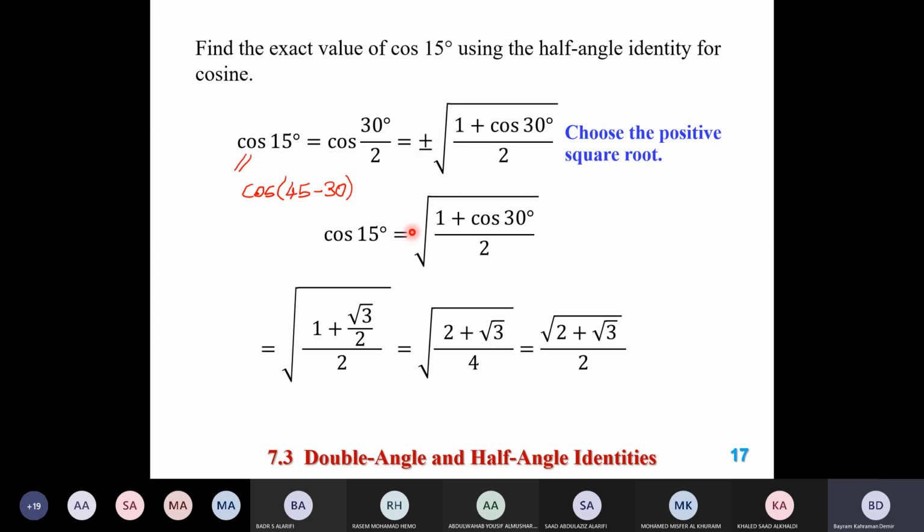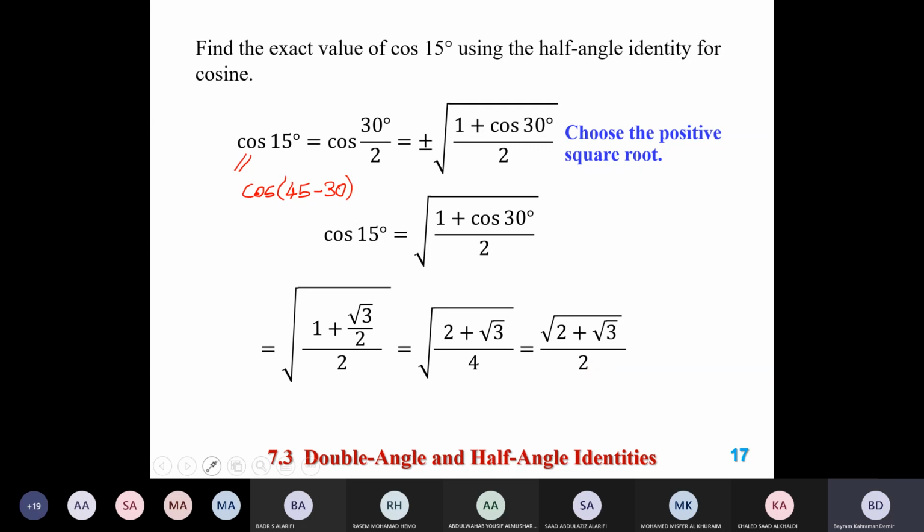You're going to choose positive, of course, because cosine of 15 is positive. And the cosine of 30 degrees is root 3 over 2. When you calculate, you will get this expression, root of (2 plus root 3) divided by 2. That gives you the cosine of 15 degrees.